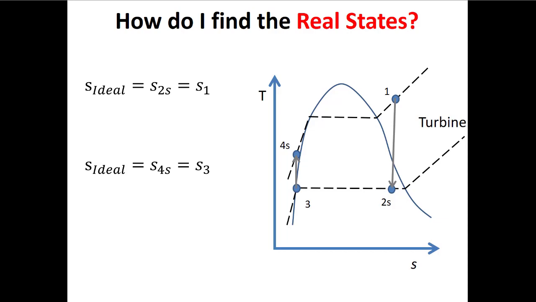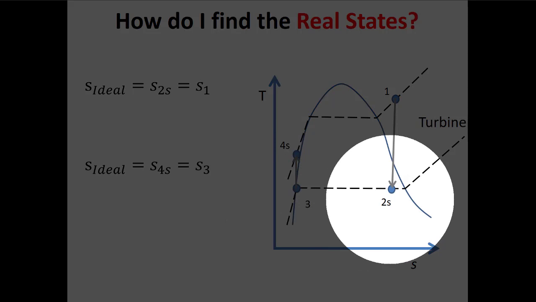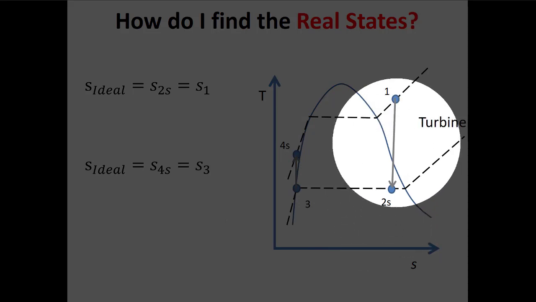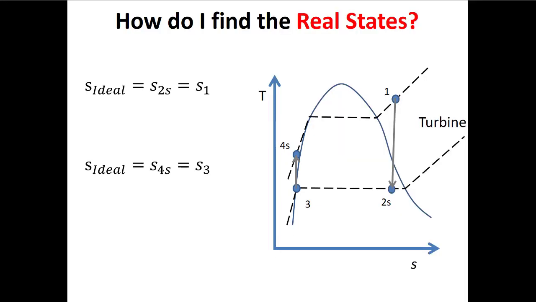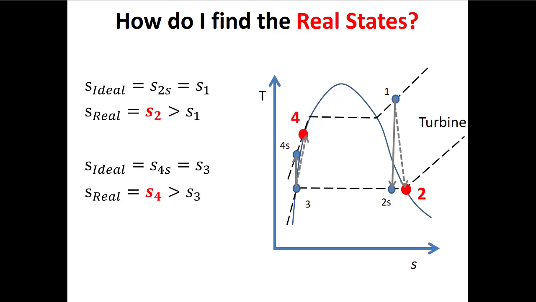I know that the ideal, or isentropic, outlet is vertically down from the inlet to the turbine or vertically up from the inlet to the pump. And I also know that the real outlet from the turbine is to the right of the ideal outlet, and the real outlet of the pump is also to the right of the ideal outlet.